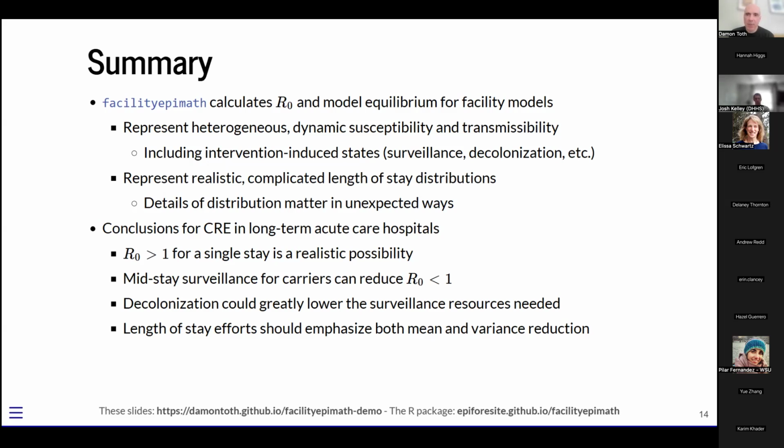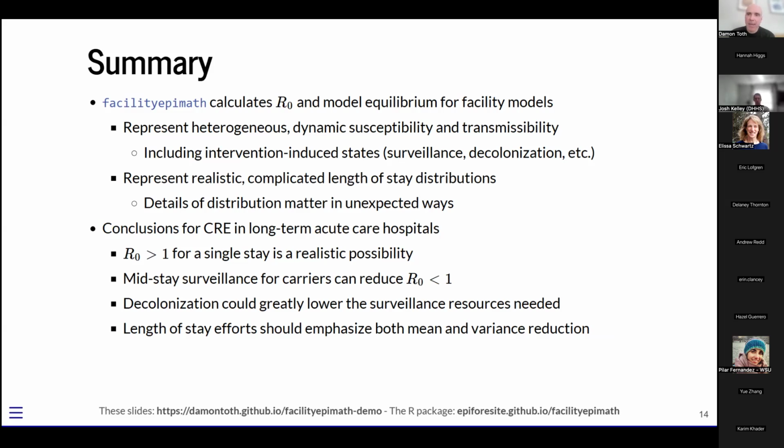For Clostridium difficile, for example, patients can, during a hospital stay, go in and out of being exposed to antibiotics, which makes them more susceptible to having a C. diff infection. You can use this framework to model that kind of thing also.